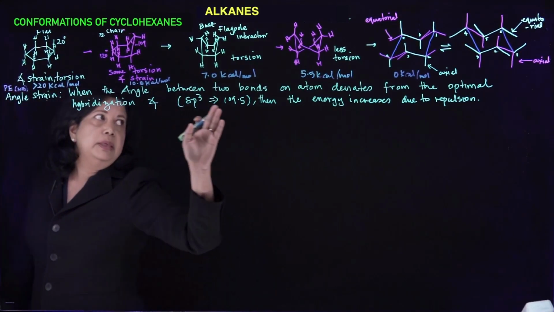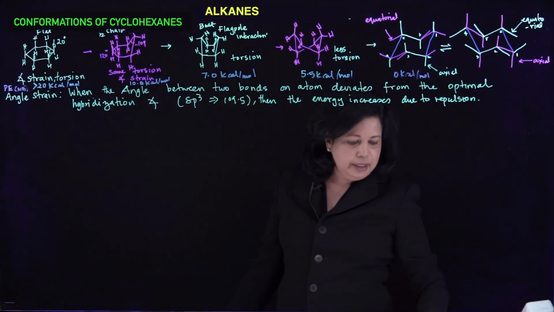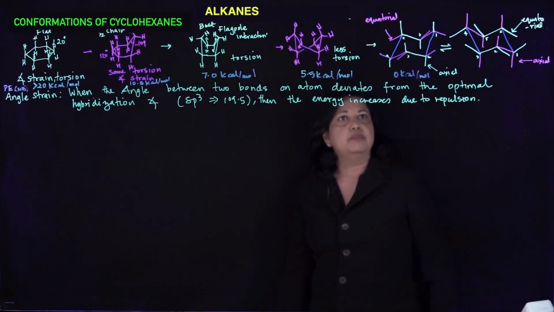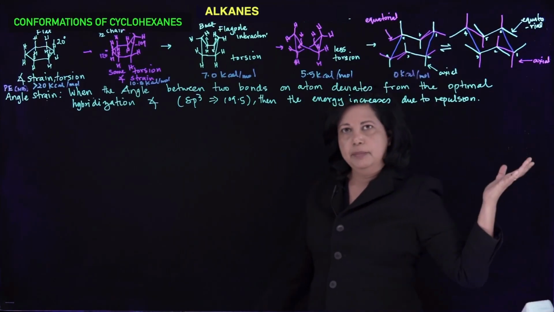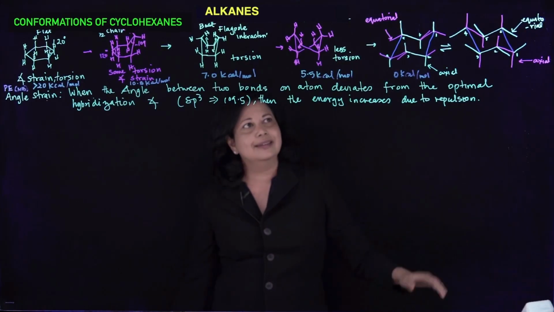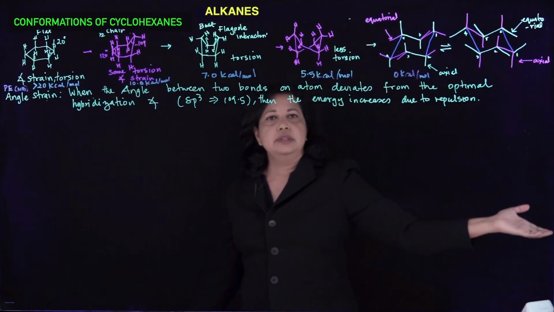Now, this doesn't mean cyclohexane has 0 potential energy, because if you burn it up, you'll see it's a fuel, all right? So it's got a lot of energy in those bonds, but the non-bonded interactions that we're talking about in conformational analysis, those don't exist, okay? Just because there's no torsion, there's no angle strain, and there's no steric.